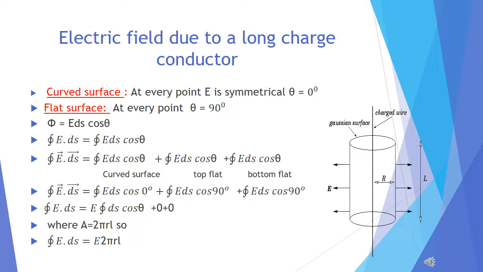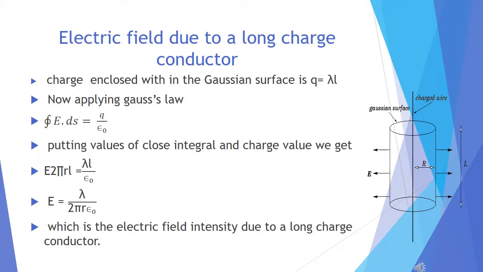Now suppose we have taken a conductor of length L, and the area of this cylinder is 2 pi R L. So the value of integral dS becomes E times 2 pi R L. Now we have to check the charge within the Gaussian surface, which is equal to lambda times L. Lambda is the charge on 1 meter, and the conductor is L meters long. So Q equals lambda times L, which is the charge enclosed within the Gaussian surface.